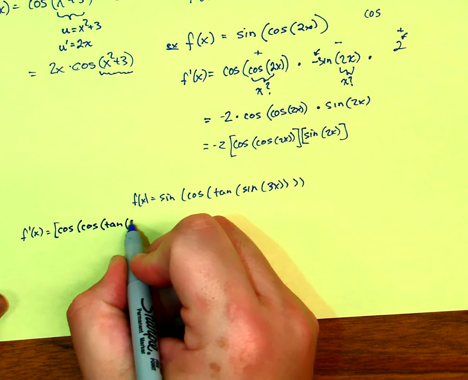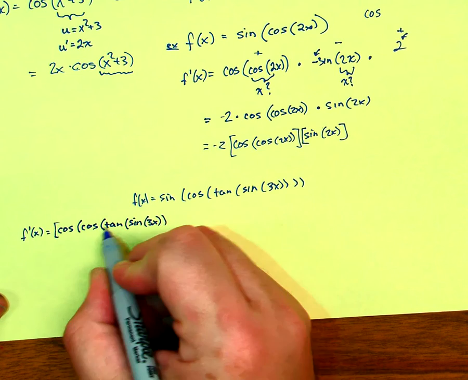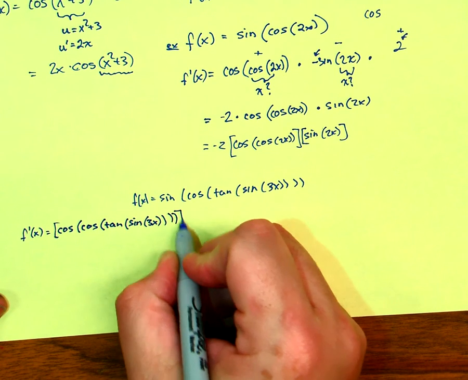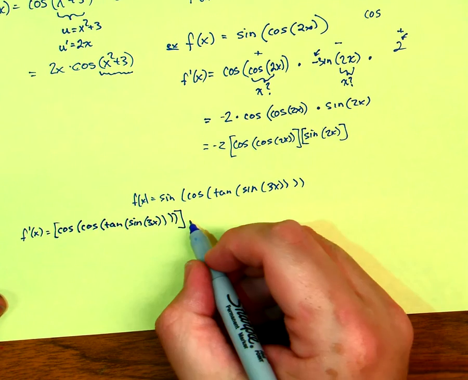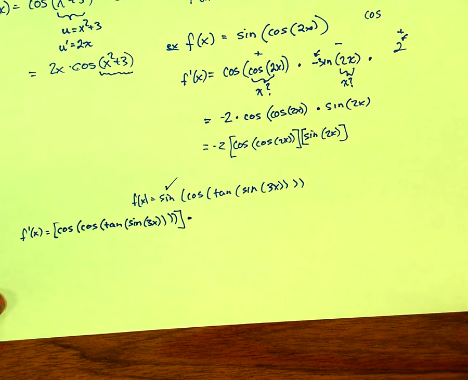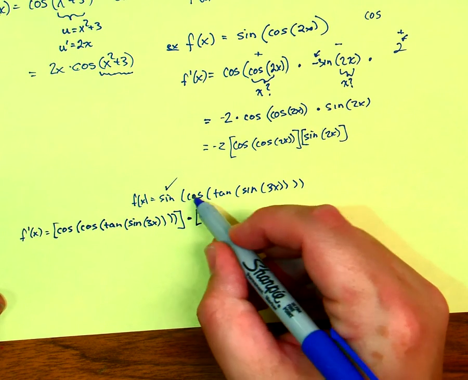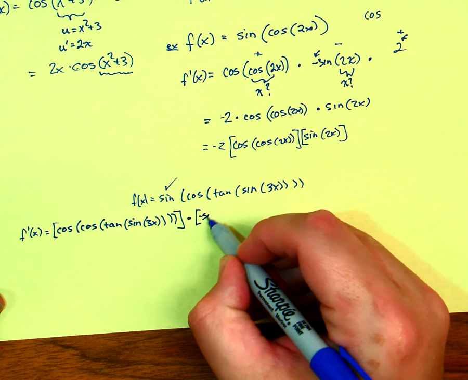Now I took care of that. Now I got to take care of the cosine. What's the derivative of the cosine? Negative sine of tangent sine 3x. Bam, bam, bam. Now I took care of that cosine.